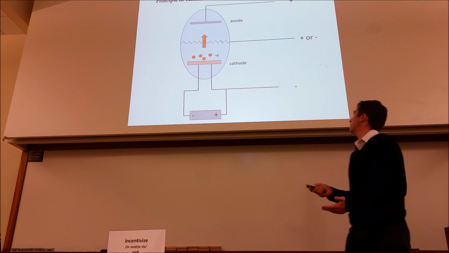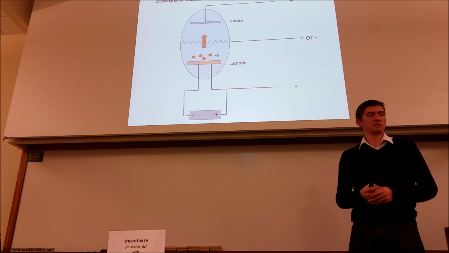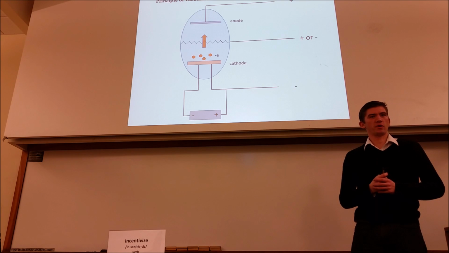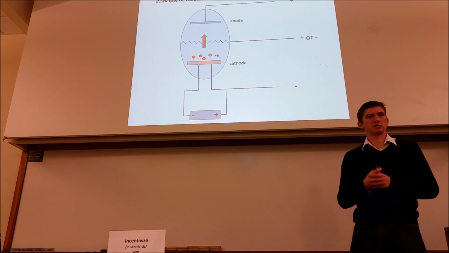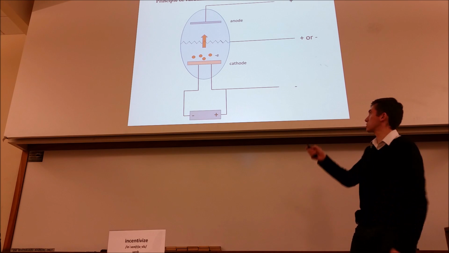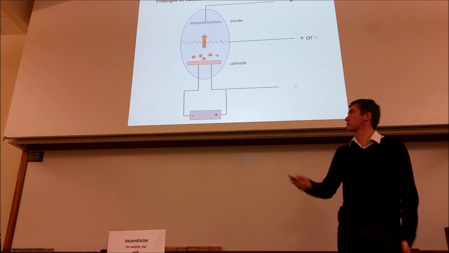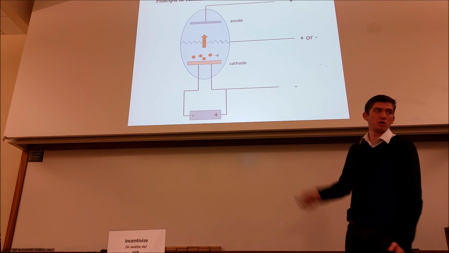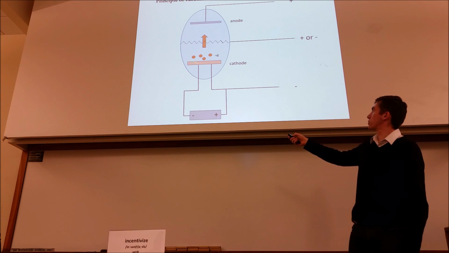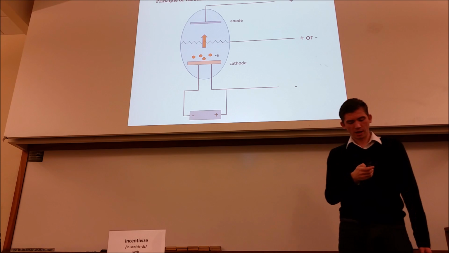These vacuum tubes were used in the first computers as transistors or switches. Currently they're used as amplifiers of the signal, because by applying some small voltage here, you can control a huge current or signal flowing between the cathode and anode.